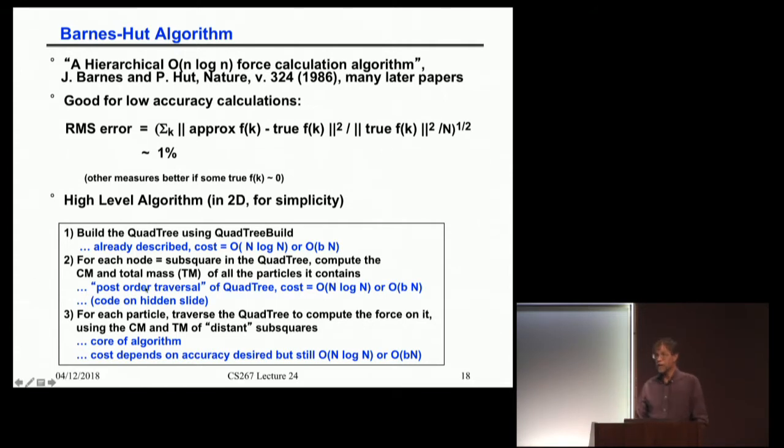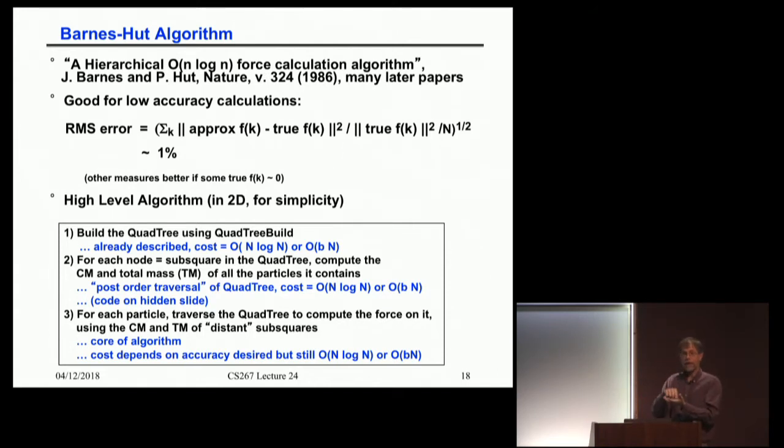This is a very simple post-order traversal of a tree. I start at all the leaves of the tree, at the smallest squares, and I straightforwardly compute the total mass and the sum. If there's only one particle per square, that's totally easy. Once I've done all the leaves, I go to the parent, and the parent has 4 children. How do I get the total mass of the parent? I just sum the masses of the children.